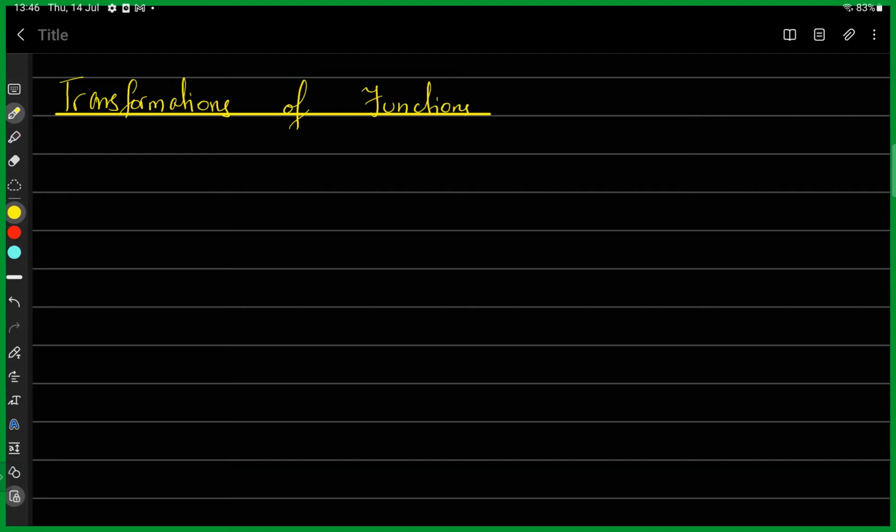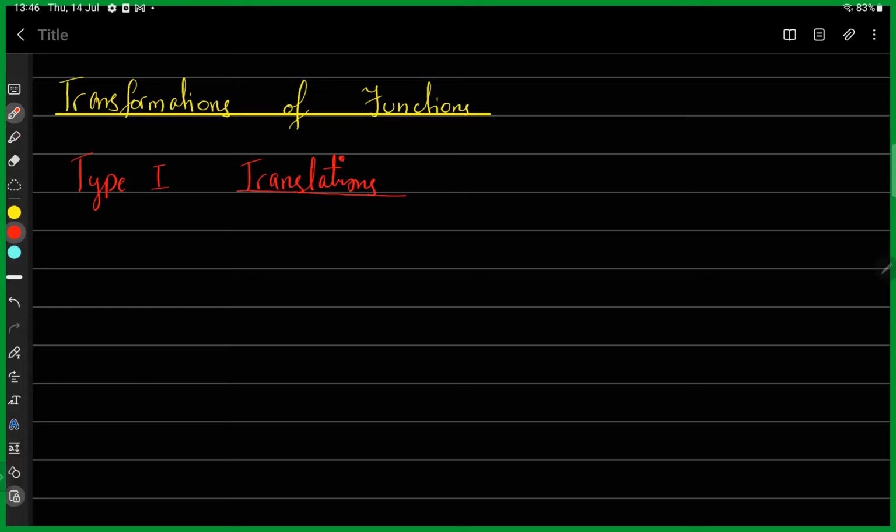Let's talk about translations for now, and every topic would be discussed in detail. So this is the first type. It's type number 1, and it is called translations.